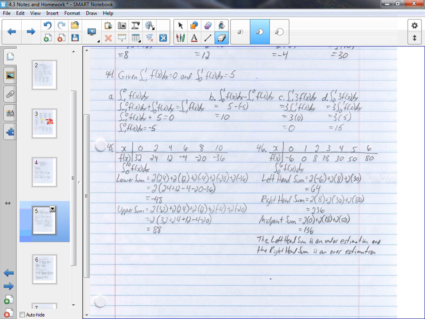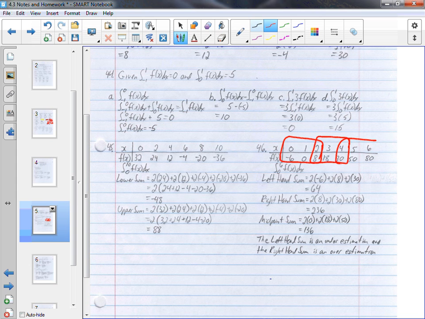All right, I think this is what may be getting you. In the directions, they tell us to use 3 equal subintervals. So, if you're going from 0 to 6, your 3 equal subintervals, you would go there, there, and there.